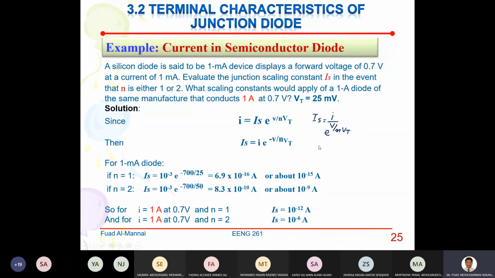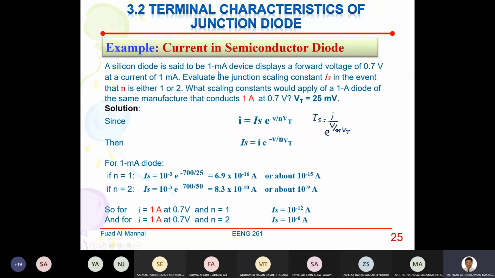Now, here is a question, or example, for the diode using the formula we just mentioned. A silicon diode is said to be a 1 milliamp device, which is 1 multiplied by 10 to the power minus 3, displaying a forward voltage of 0.7 volt.